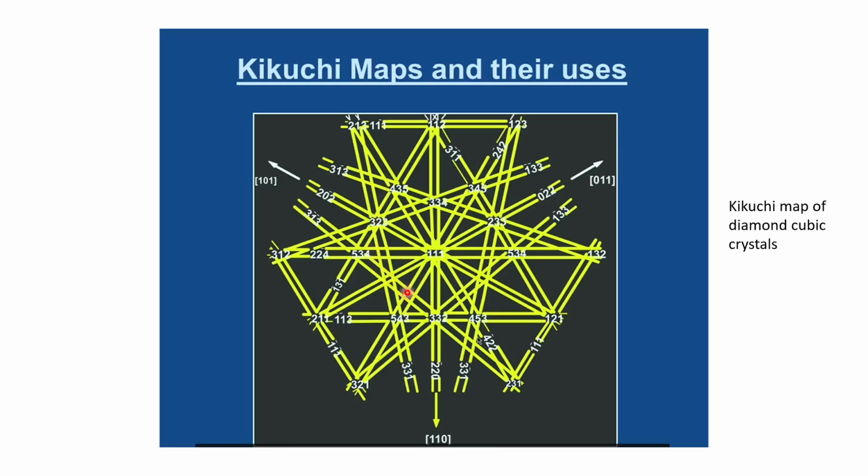These are the road maps which tell you where to go if you want to reach a certain zone axis. If your defects are only in a certain direction or orientation, you need to see them in that orientation only. For that you need the specific orientation of your sample, and for that you require these Kikuchi maps.